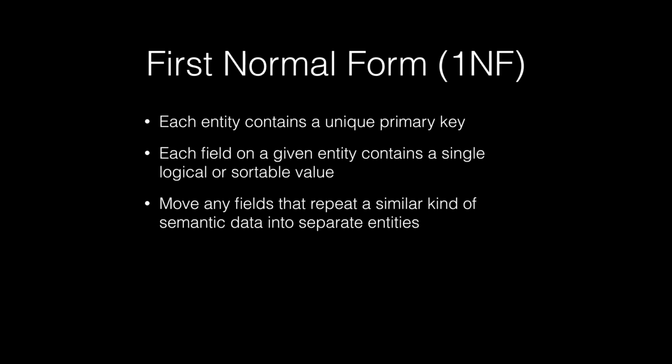This is where each entity needs to contain a unique primary key. The idea here is that we need to make sure that there is at least one property that is unique for every entity in that field. That way we have something that we can select a very specific item out of that entity whenever we need it. So this relates to the idea that you might be used to in HTML of having an ID attribute.